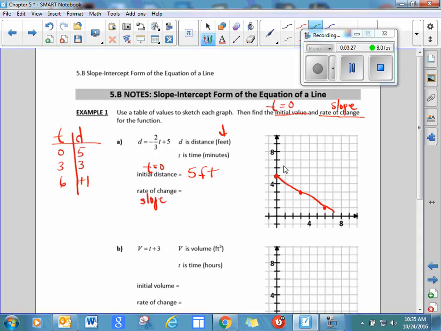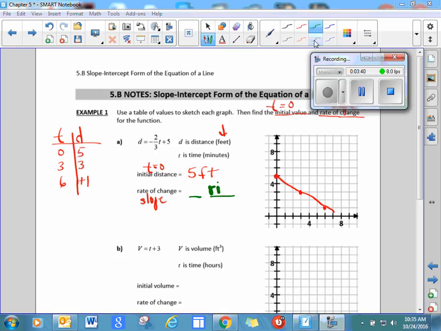It's pretty easy. We know it's going to be negative because it starts high and falls, so I don't even have to worry about that. All I have to do now is get the rise over the run. So it's negative. How much do we rise up?